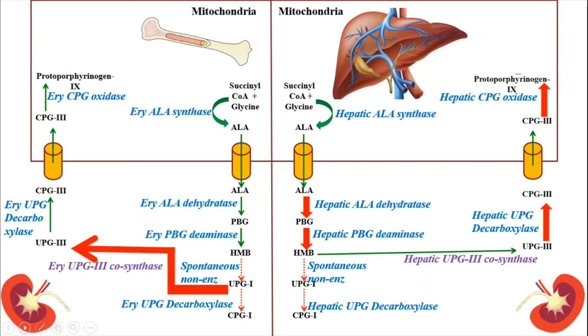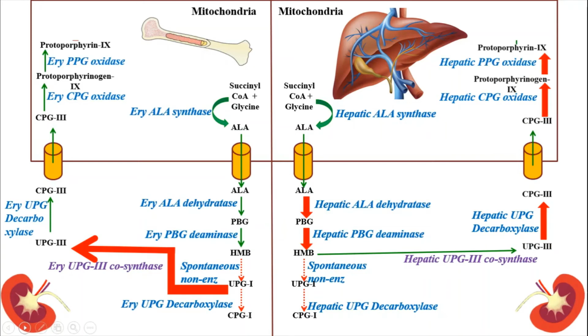In the next step, with the help of protoporphyrinogen oxidase or protoporphyrinogen 9 oxidase, protoporphyrinogen 9 converts into protoporphyrin 9.